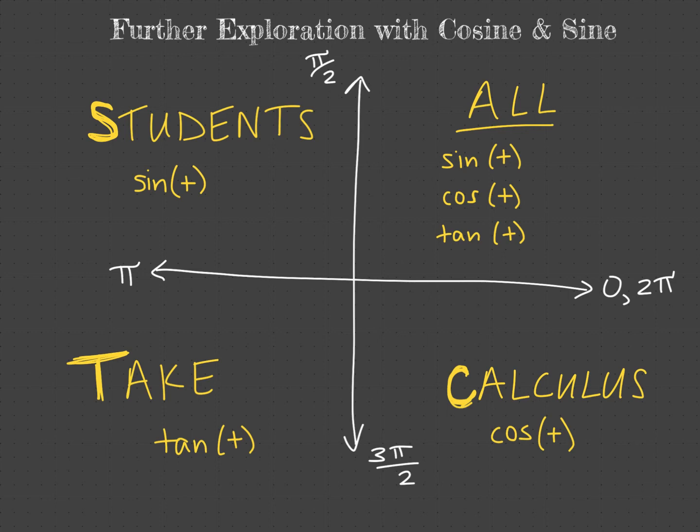If you just think about what cosine and sine are, and that cosine is the x value, and so it's positive when we move to the right, sine is the y value, and it's positive when we're moving up, and then the fact that tangent is sine divided by cosine, so it's positive when they're either both positive or both negative, you can use that as well. But if you prefer to use all students take calculus, feel free. And that actually concludes our exploration with cosine and sine.